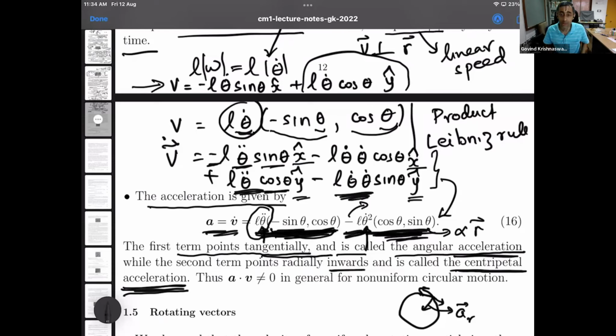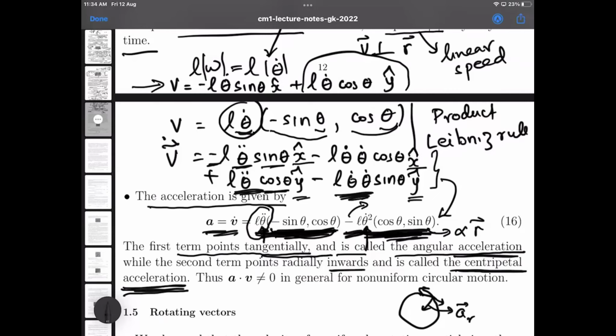I hope I got those signs right. Do you see what I'm saying? So the point is that the radial part of the acceleration always points inwards, but the direction of the angular part is determined up to two possibilities. It could be clockwise or counterclockwise, depending on the details of the motion, depending on whether the theta double dot expression is positive or negative.